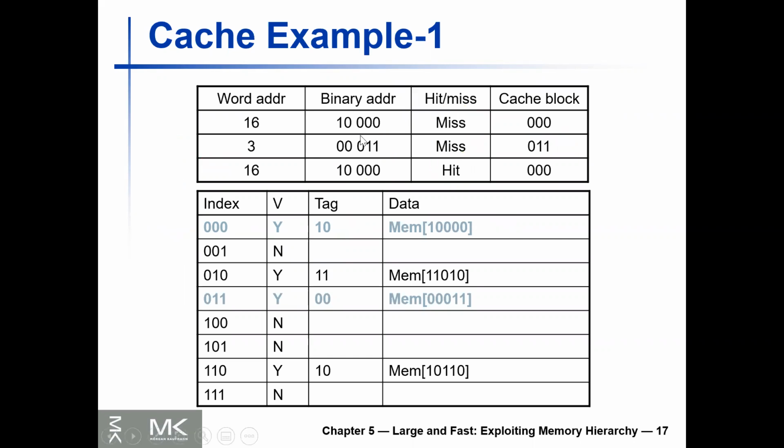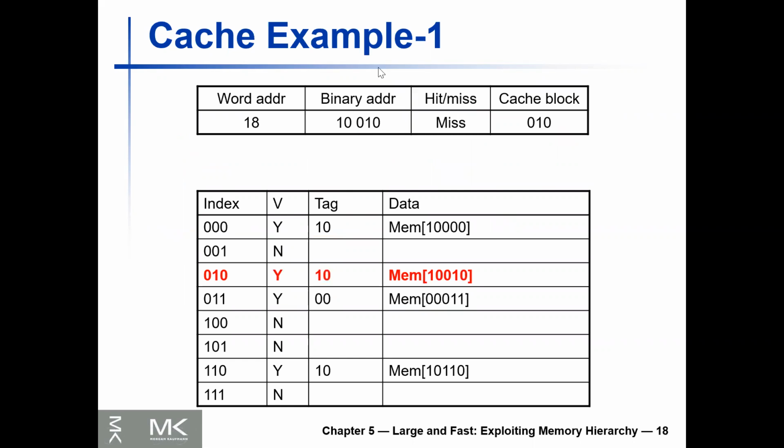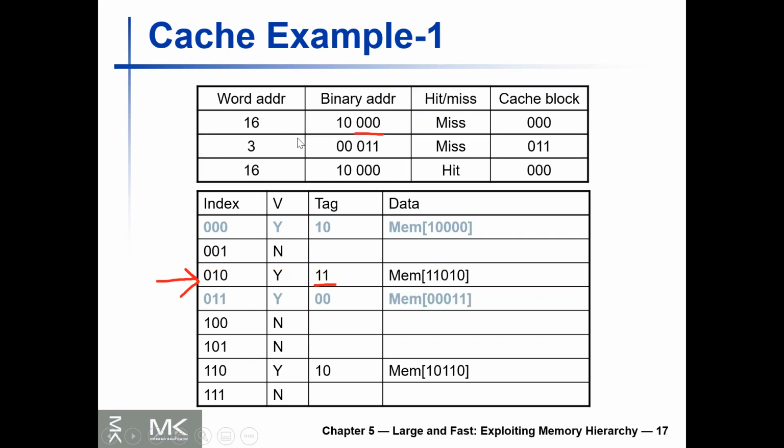So in the beginning there are some misses, but later on it starts hitting, as we are having more data in the cache. Now again we are accessing 18, 010. If you remember 010, previously there was a different tag there. You want to see? This is the third row. You go back, third row. Can you check it now? What was that? 11, right?